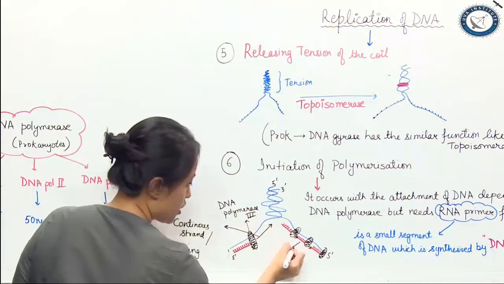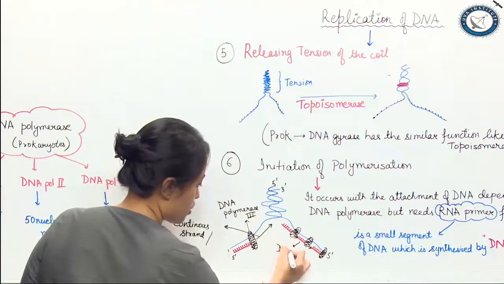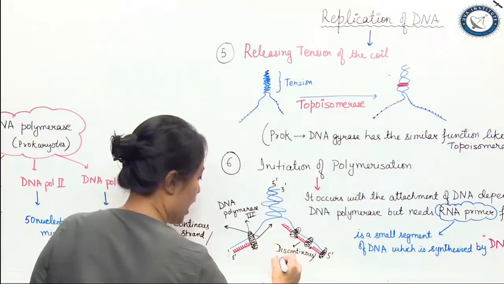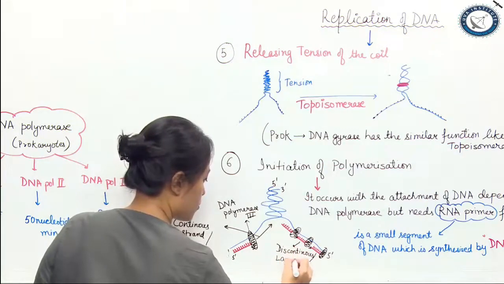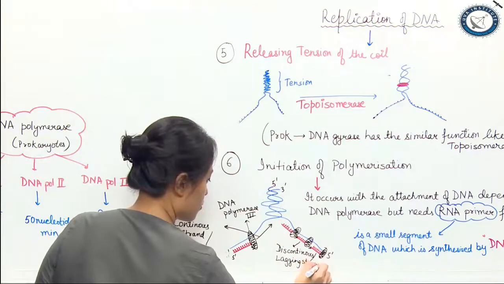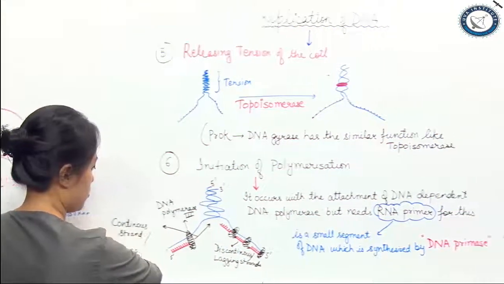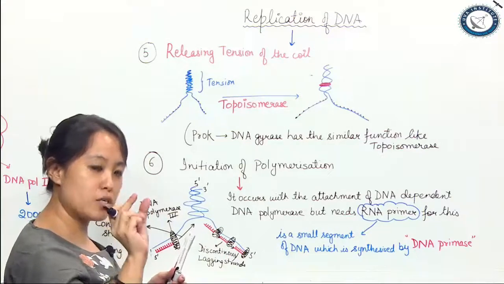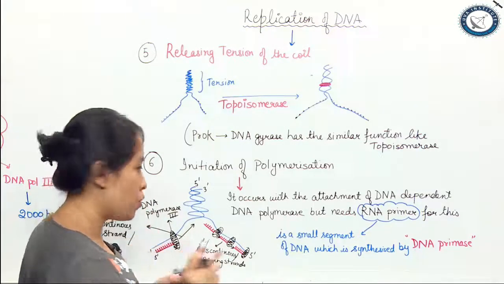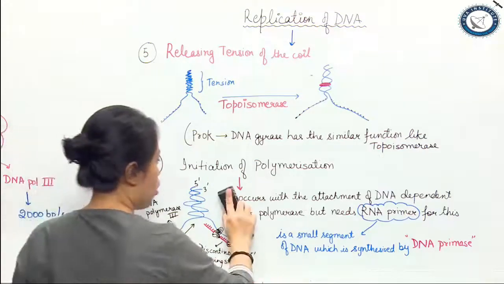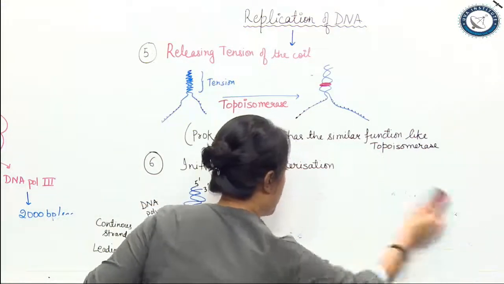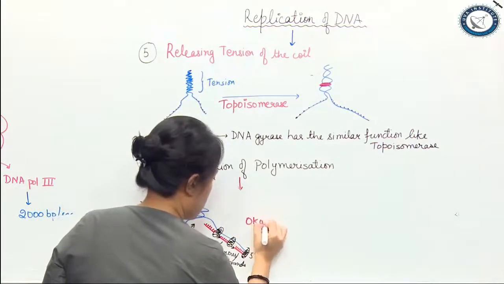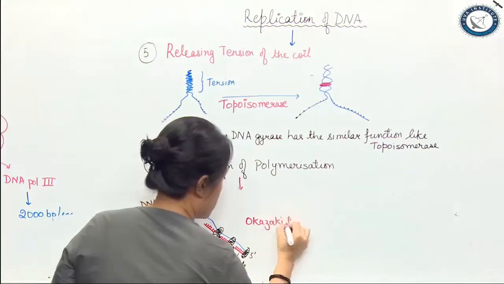Here you will get a discontinuous strand, which is also known as the lagging strand. And these small fragments of newly synthesized DNA are known as Okazaki fragments.